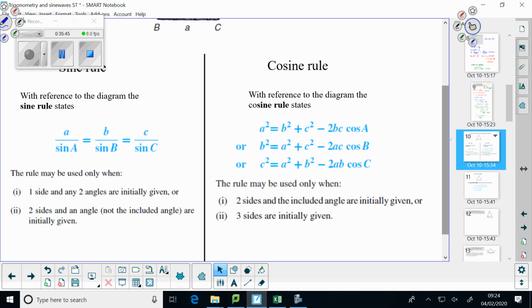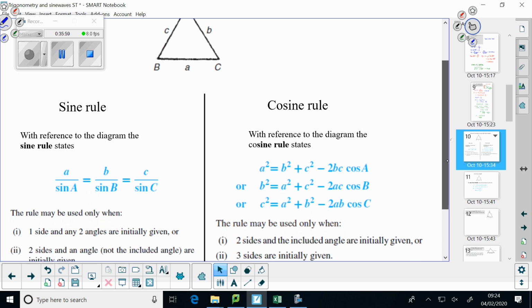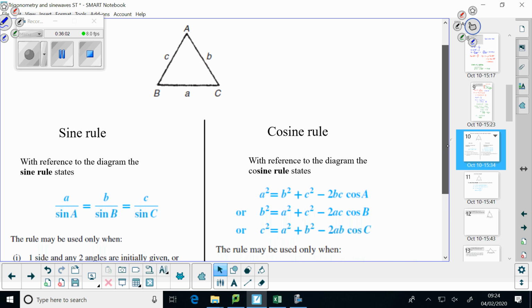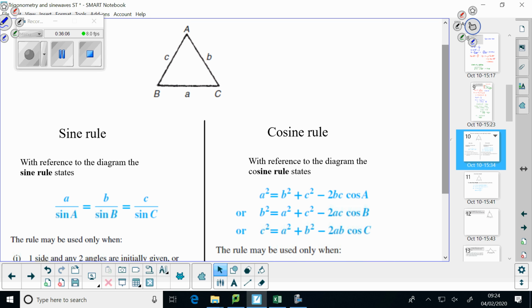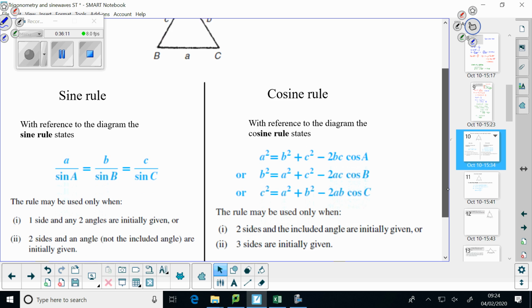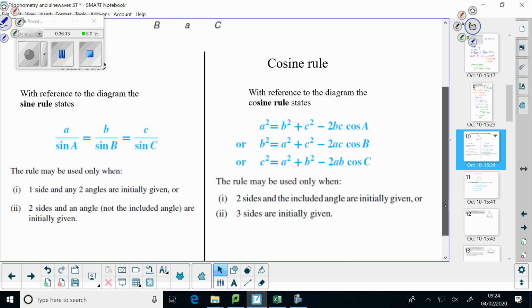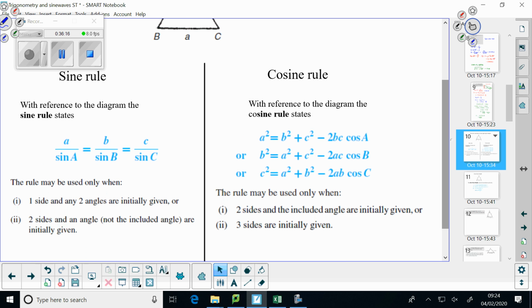If you look at this, it relies on you knowing two sides, b squared and c squared, and the included angle A. Yep, b squared, c squared, included angle A. You can also use the cosine rule if three sides are initially given.